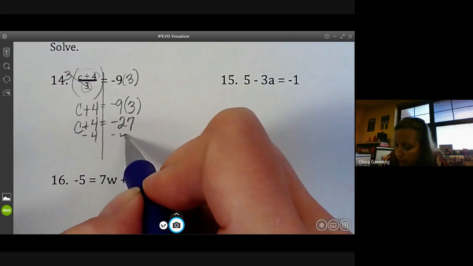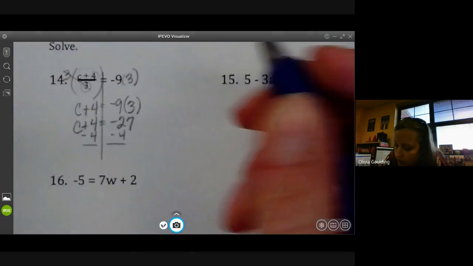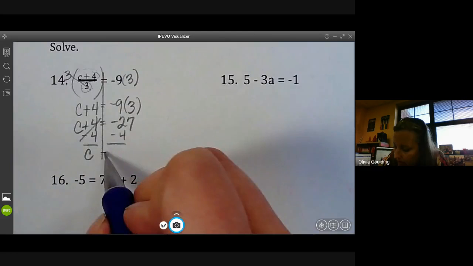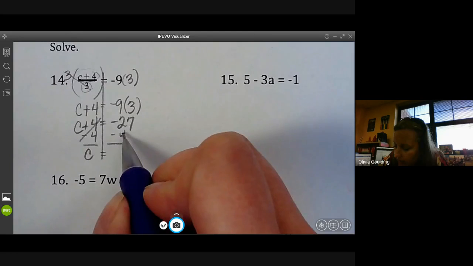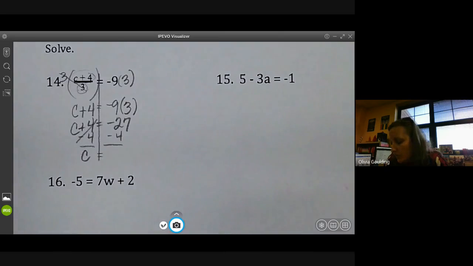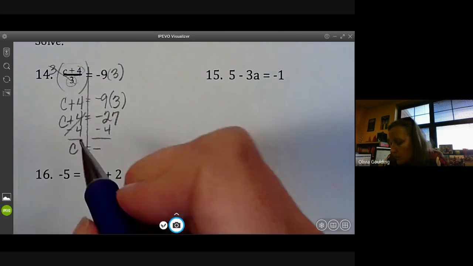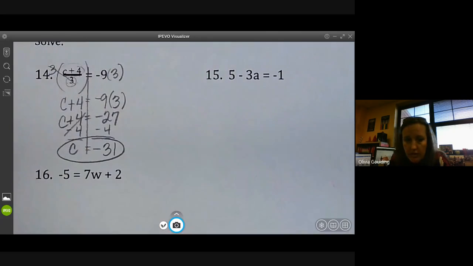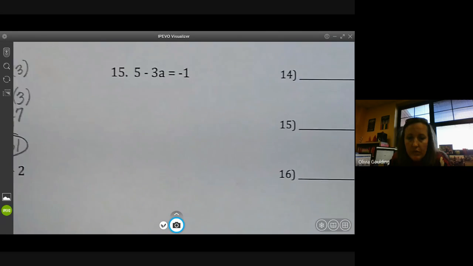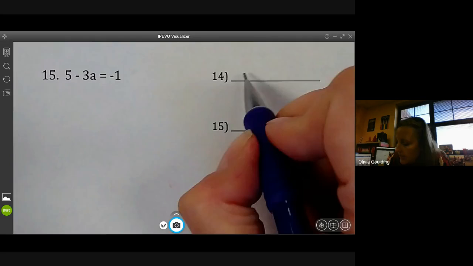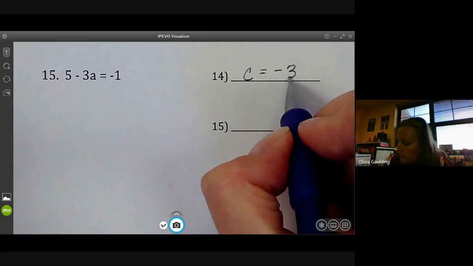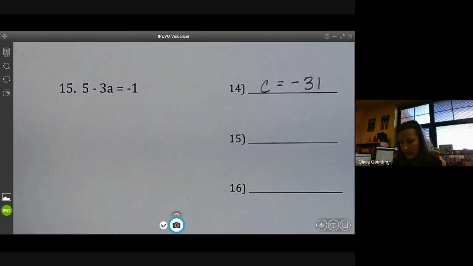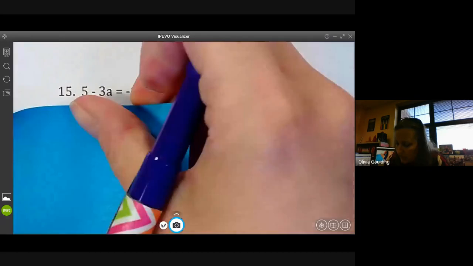And let's go ahead and subtract 4 from both sides. Okay? So c, because these are additive inverses, they make a 0. C is equal to negative 27 minus 4. I have to add those, don't I? It's going to be more negative, negative 31. Okay, so there's my work. And then I'm going to come over here to number 14, and I'm going to say C is equal to negative 31. Okay. All right, so there you have your problems for this week's Friday paper.